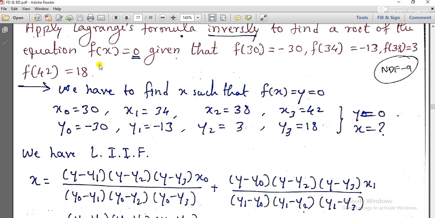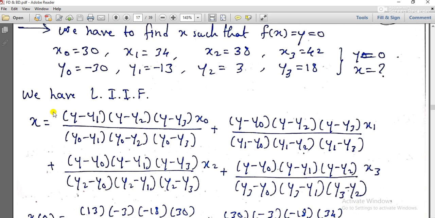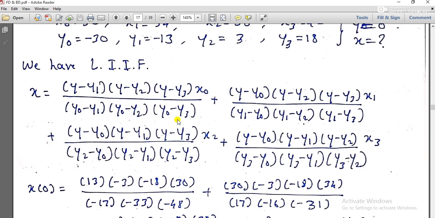In terms of x, we can apply Lagrange's inverse interpolation formula. This is the same; only in place of x you write y. Write (y minus y1)(y minus y2)(y minus y3) into x naught divided by (y naught minus y1)(y naught minus y2)(y naught minus y3), like that.